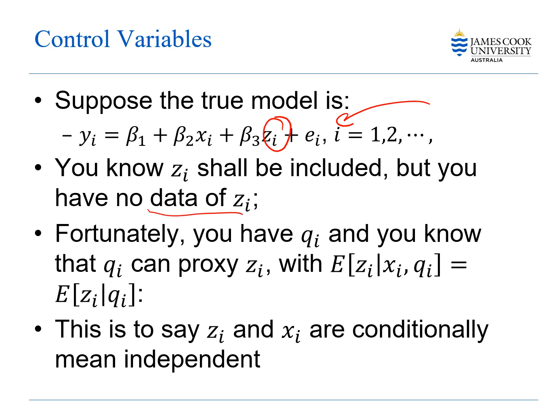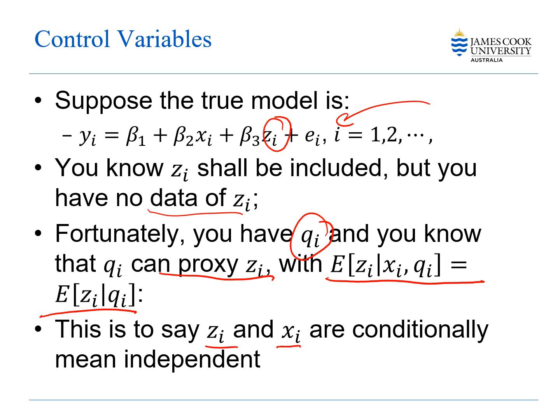On the one hand, this is unfortunate. On the other hand, fortunately, you might have another variable called Qi, which you know can proxy for Zi. That means that it will satisfy this condition: Zi and Xi are conditionally mean independent.